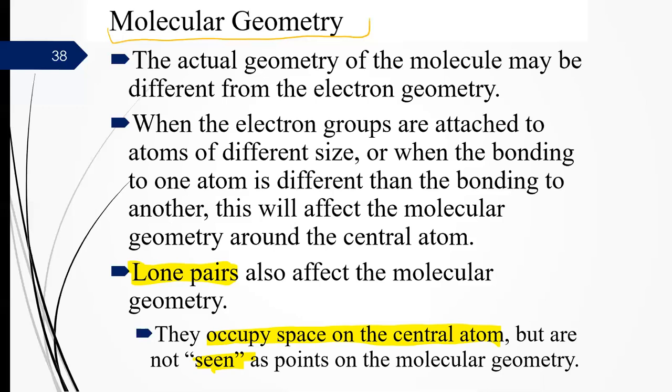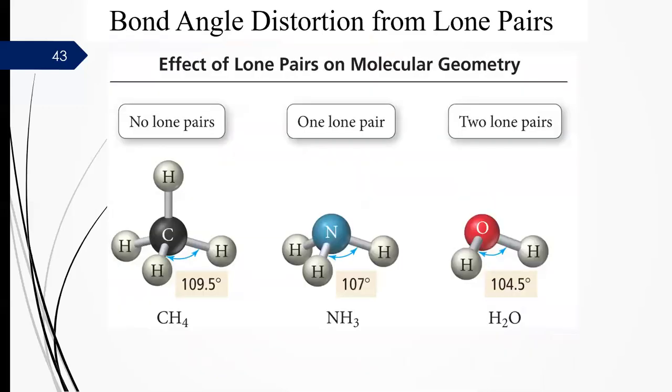An example of this is going to be our tetrahedral here. When we have no lone pairs, we take on this tetrahedral that looks like this. But when we have one lone pair, you can see that this space up here is being occupied by a lone pair. And so when we name it, we're going to try to name it just using these 3 points.